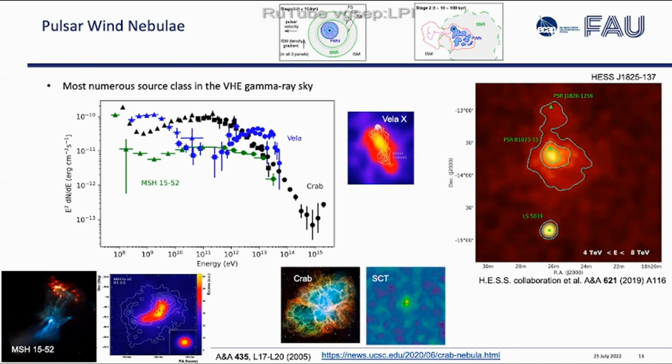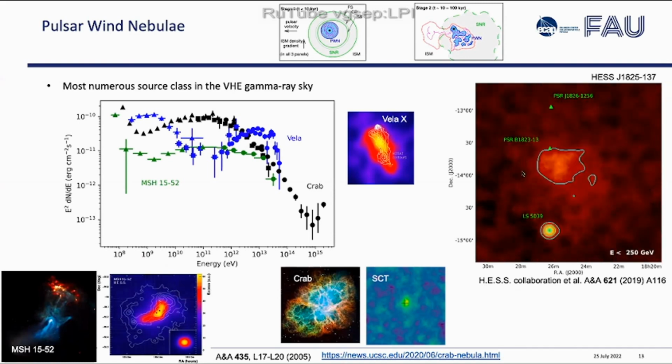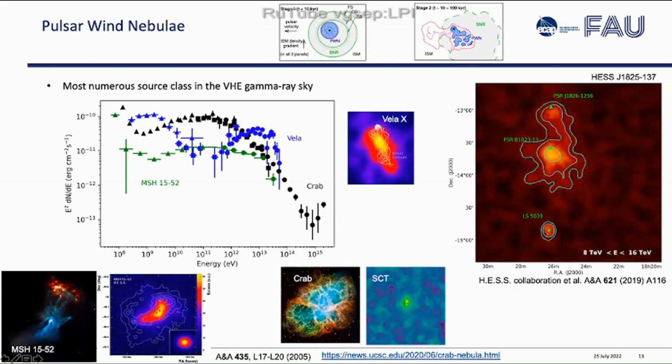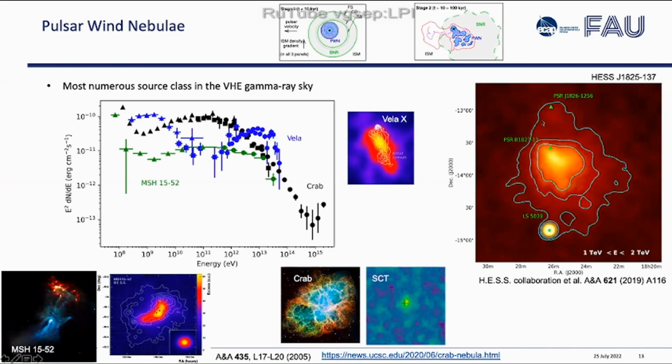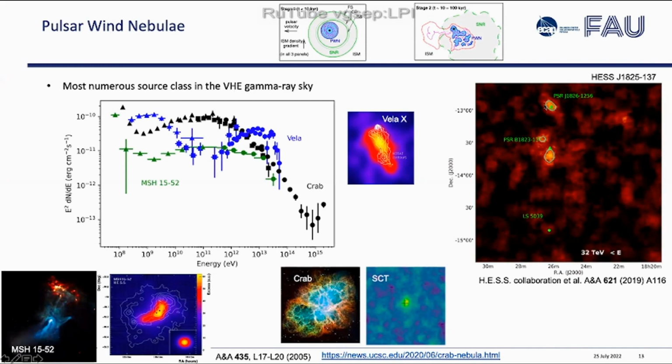So we really know that the pulsar is responsible for the emission here. It's one of these complex fields of view where we also see two other gamma ray sources in the field: LS 5039, which Petro already mentioned, which is a gamma ray binary, and J1826, which is another pulsar wind nebula just next door.